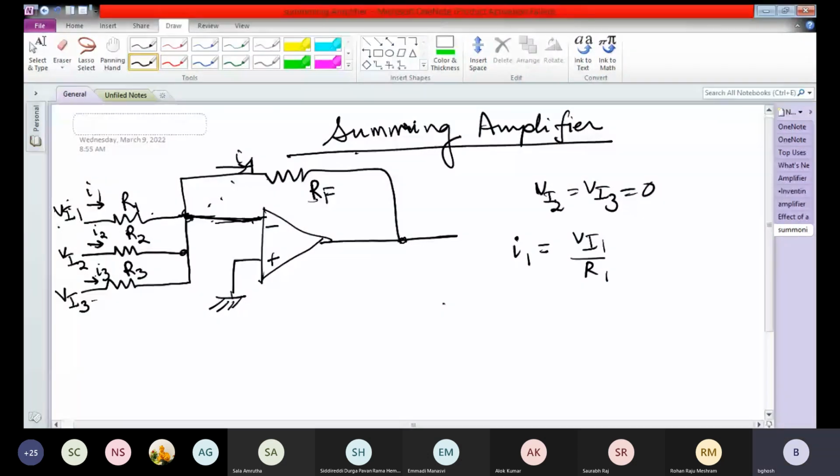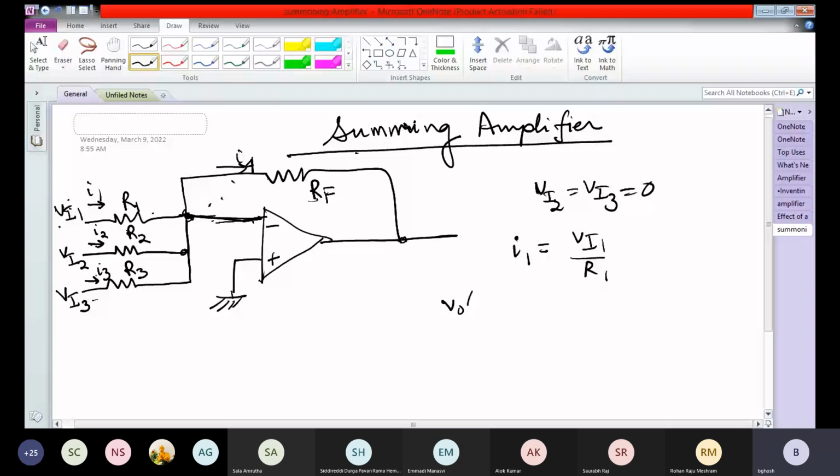And V0 with only Vi1 source working will be equal to minus I1 RF, 0 minus I4 RF is V0. And I4 becomes equal to I1 because the Vi2 and Vi3 sources are not working. So I4 becomes equal to I1, so it becomes minus I1 RF.